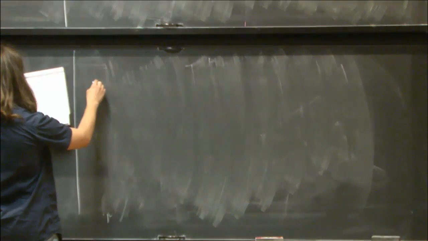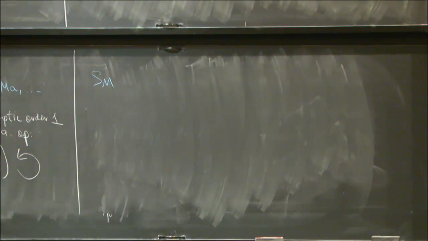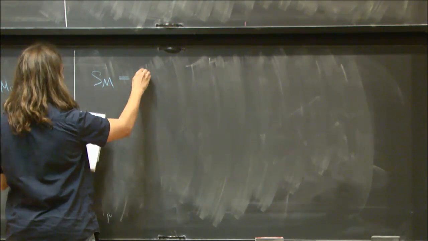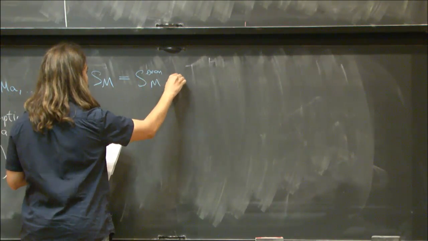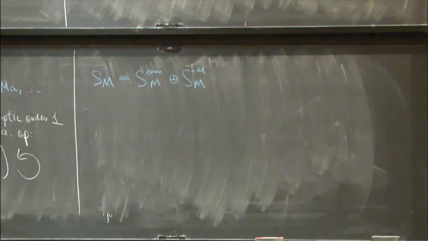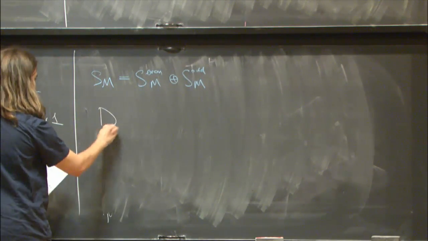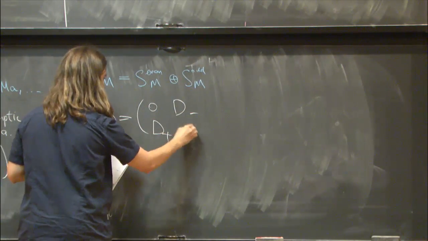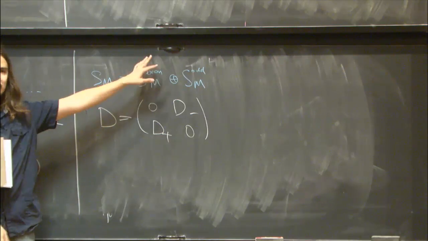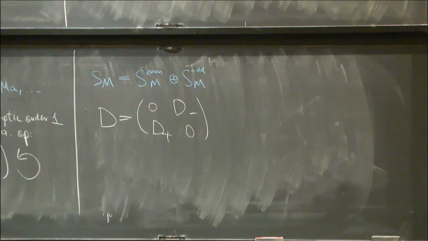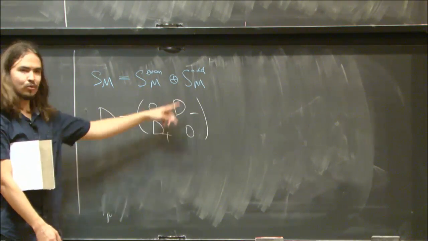Okay, so what do I want from this? First of all, this S_M, according to even or odd, splits into two pieces, S even M and S odd M, and then this D looks like this. So with respect to this Z2 grading, it's an odd operator, and also it's self-adjoint, so it's enough to know one of these two.